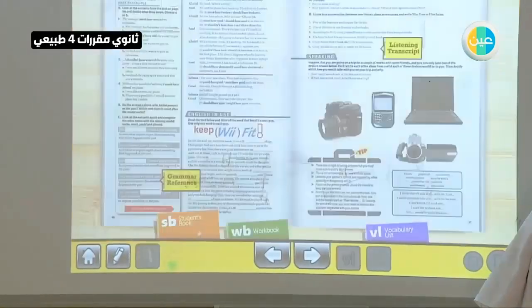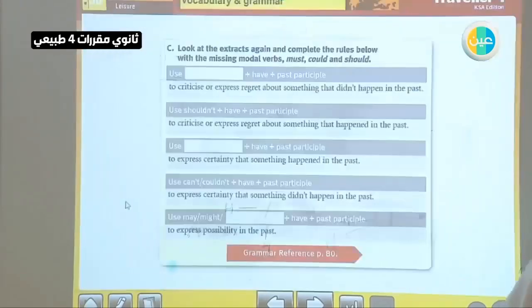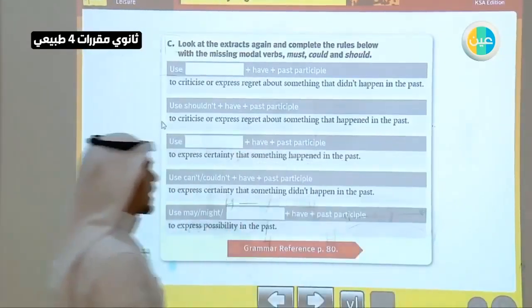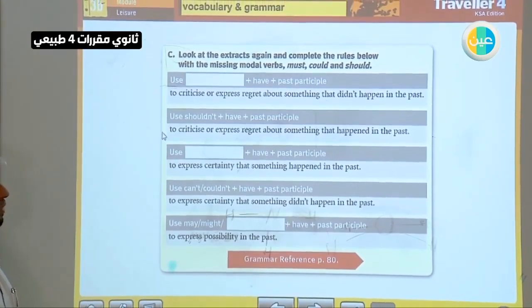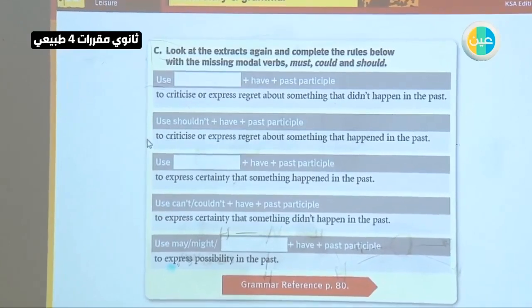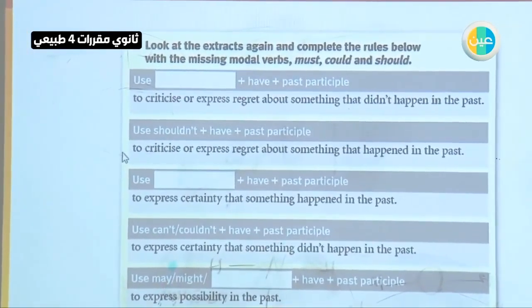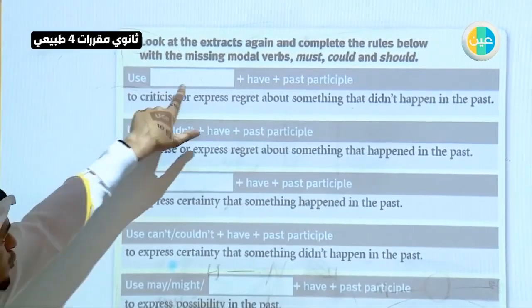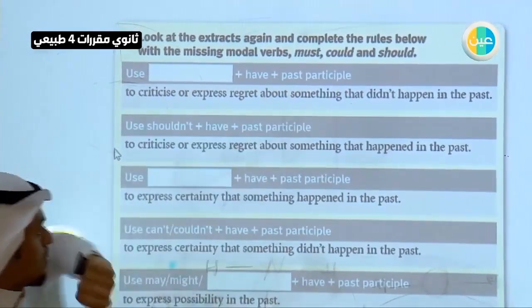But he didn't keep that secret. And now, let's see what we have here. Look at the extracts again and complete the rules below with the missing modal verbs must, could, and should. What modal verbs do we use here, with have and past participle?